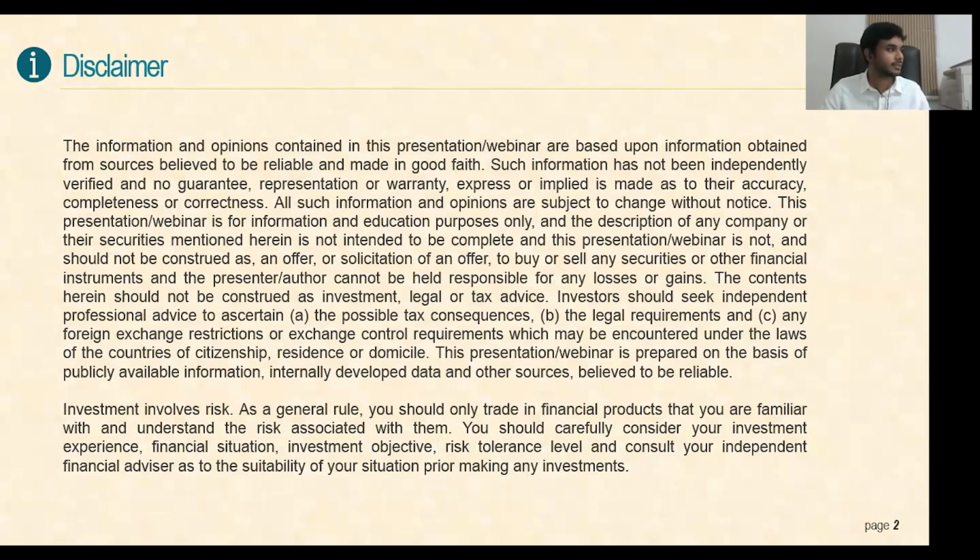Today within this 15-minute session, it might be 15 or 20 minutes, and based on the topic it may take some additional 5 or 10 minutes. The objective of this session is to understand the basics of support and resistance levels.